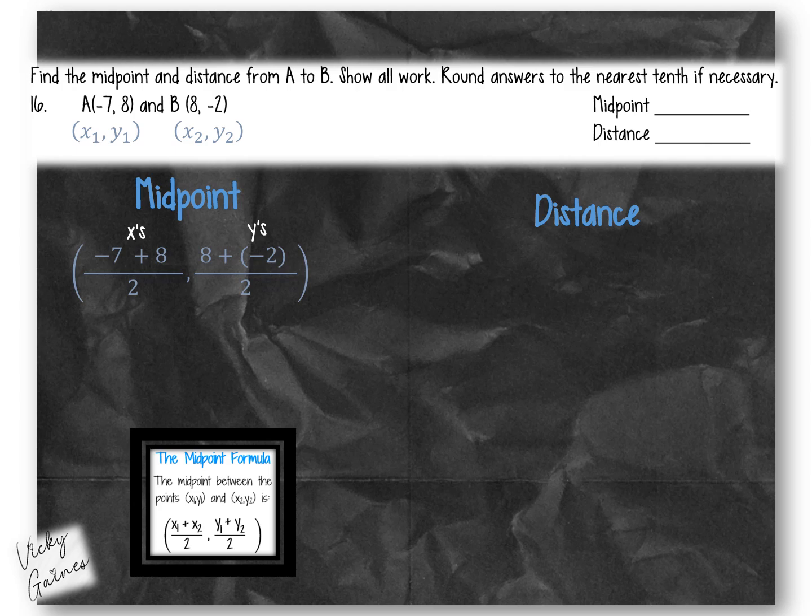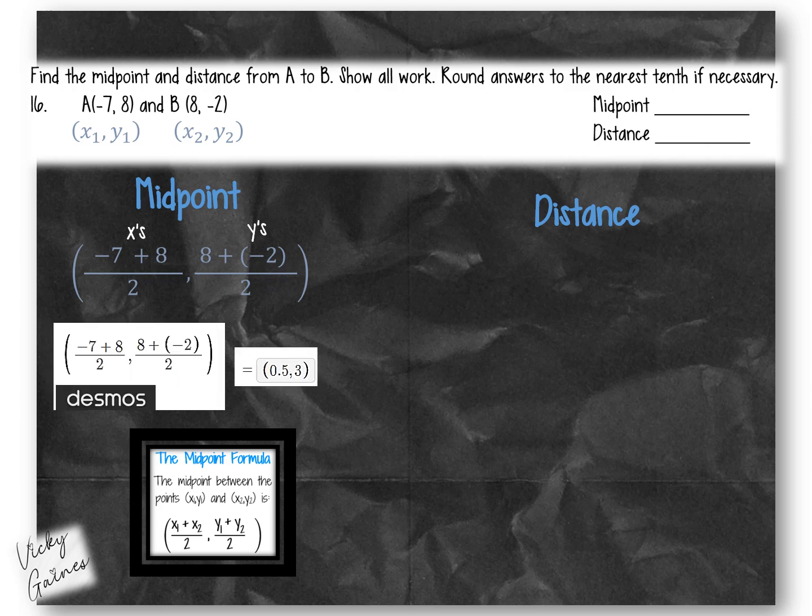We can figure out what is going to go into Desmos. So we're taking our x's, -7 and 8, adding them up, dividing by 2. And then we're taking our y's, which is 8 and -2, and adding those together, dividing by 2. Put it into Desmos, we get 1/2 and 3, or 0.5 and 3.